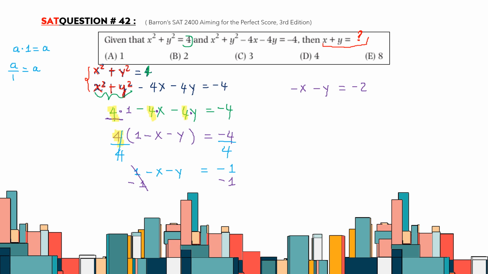Now we just need to multiply both sides by negative 1. So negative 1 times x is positive x, negative 1 times y is positive y, and then negative 2 times negative 1 is 2. So the right answer is 2, which is B.